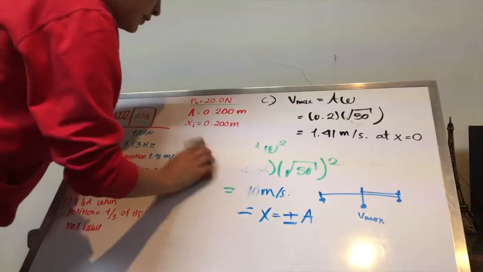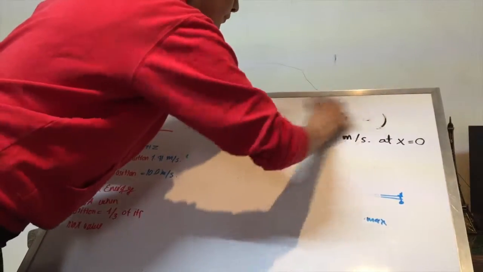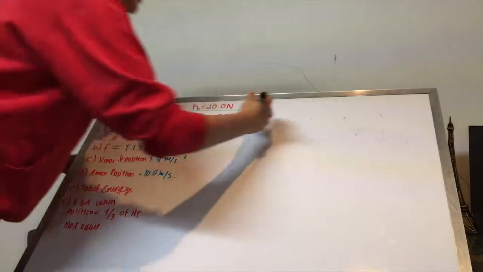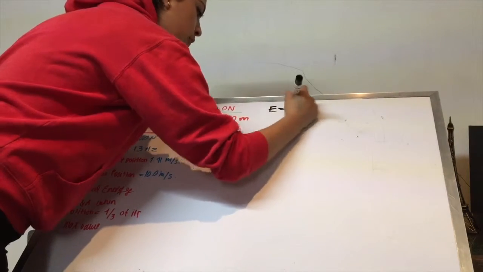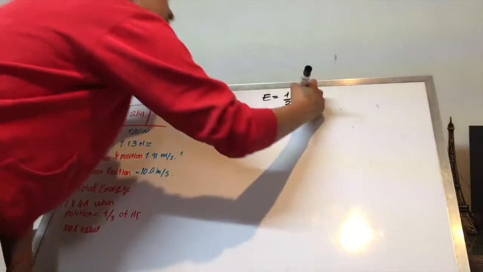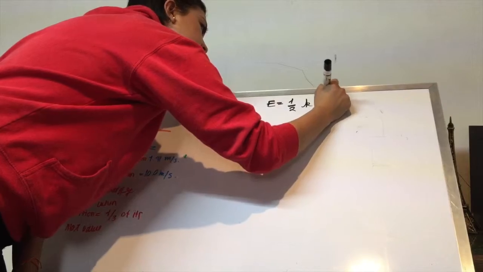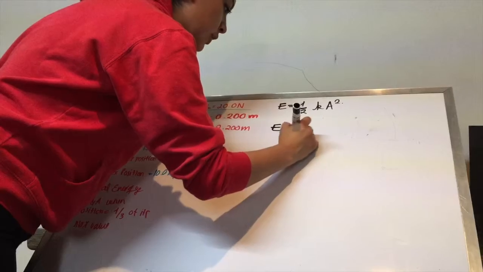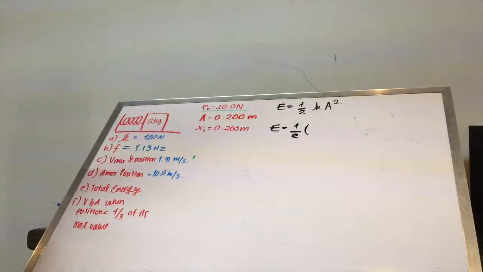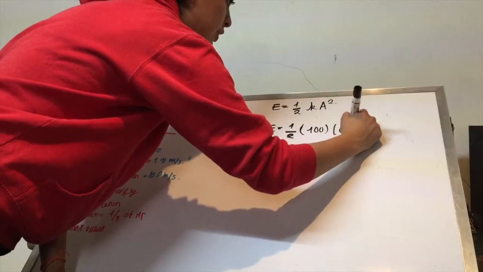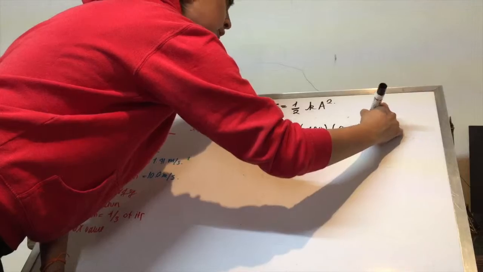For the next step, to get our energy, the total energy of our system is equal to 1/2 of our constant times our amplitude squared. So we have everything here. Energy is equal to 1/2 of our constant, 100 newtons, times our amplitude 0.20 squared.